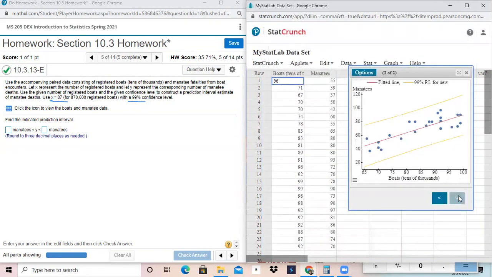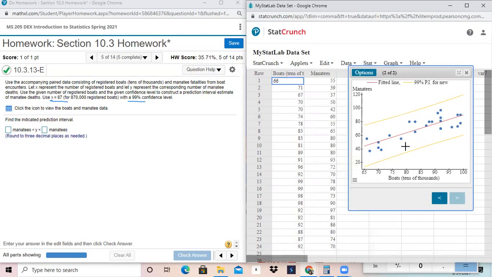The graph on the second page is our regression line, and I can actually get the regression line just from putting my cursor on top of it. This is the 99% upper prediction, and this is the 99% lower prediction.